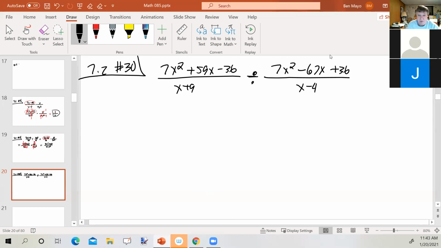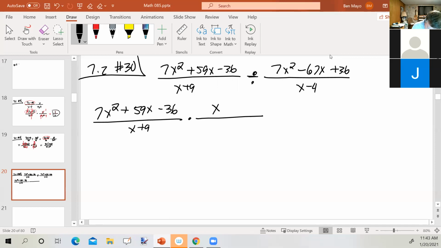Okay, so dividing by a fraction is like multiplying by its reciprocal. So the first thing I'm going to do is change this division problem into multiplication. So we'll get 7x squared plus 59x minus 36 over x plus 9 times x minus 4 over 7x squared minus 67x plus 36.